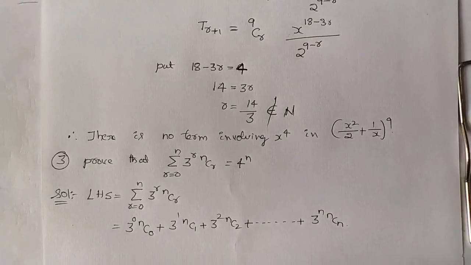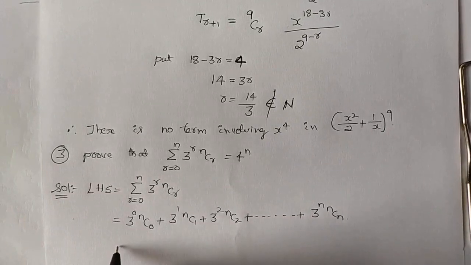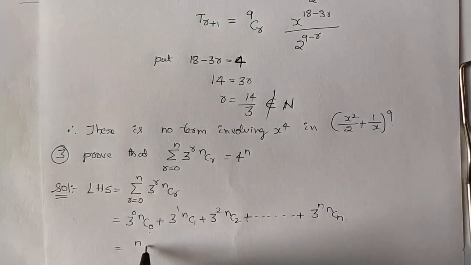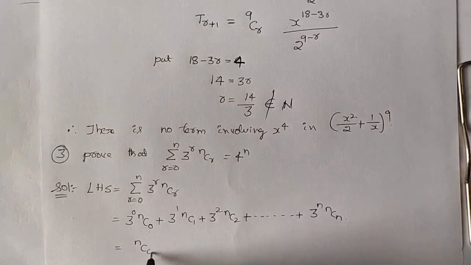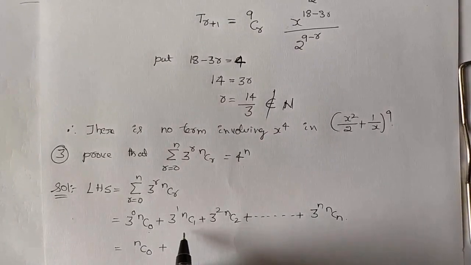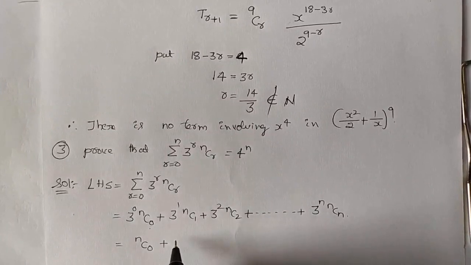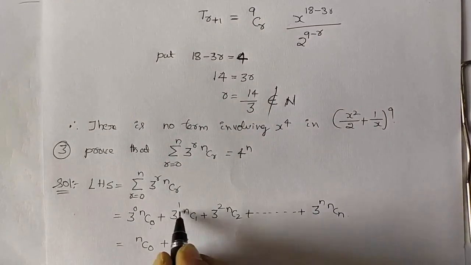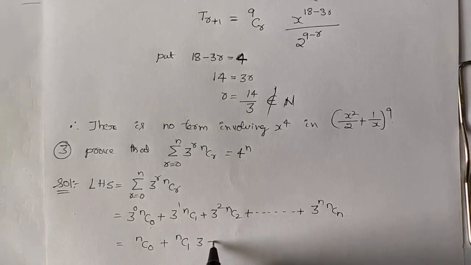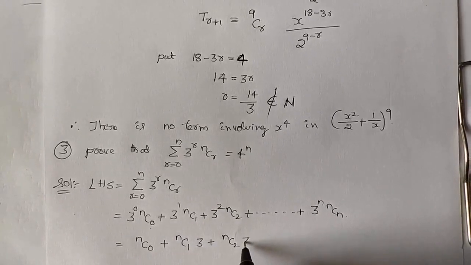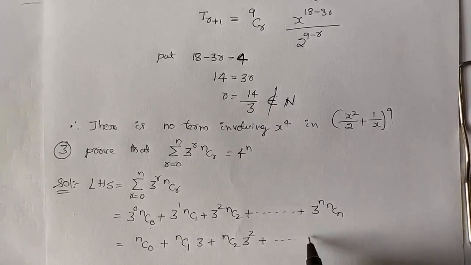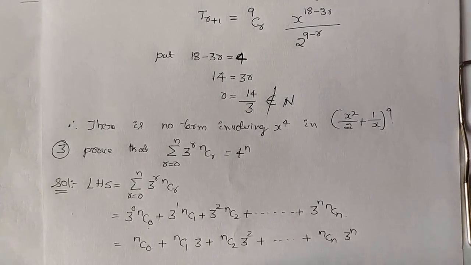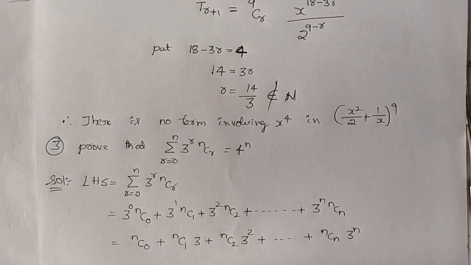Understand? Now that equals nC0 plus, rearranging, nC1 times 3 power 1, that is 3, plus nC2 3 square plus and so on plus nCn 3 power n.